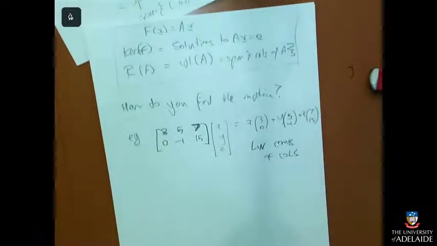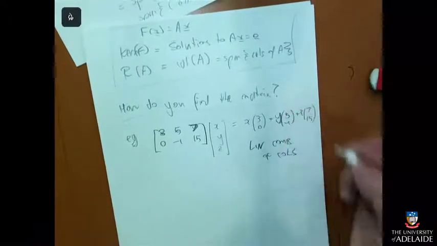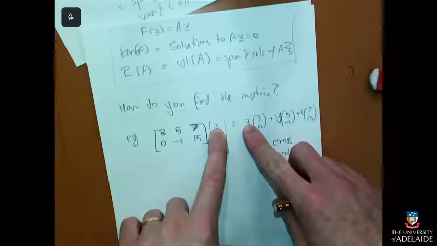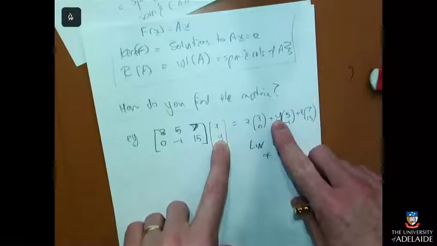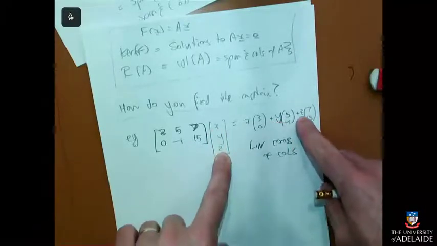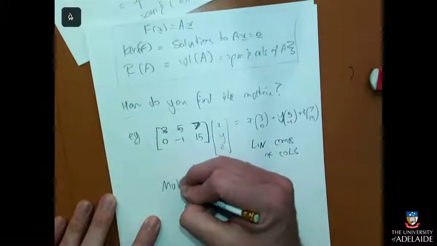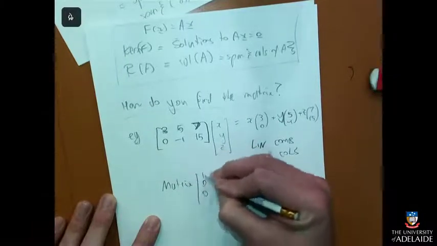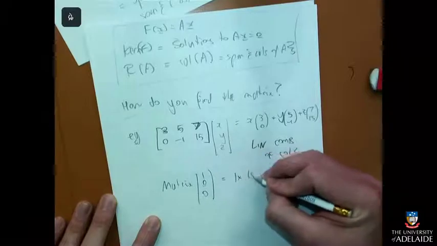And so if I wanted the first column, I would say, well, I want 1 of the first column and 0 of the second column and 0 of the third column. So if I have matrix times 1, 0, 0, this should be 1 times the first column.